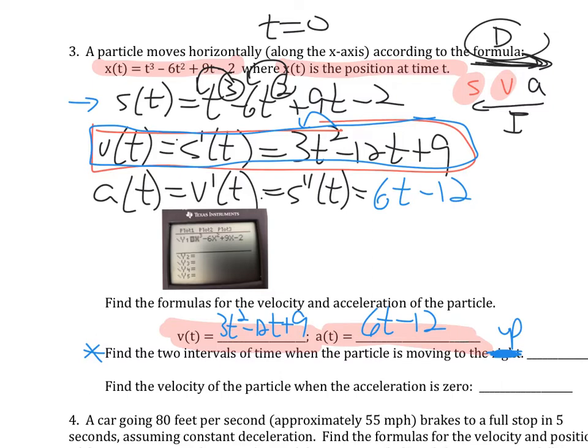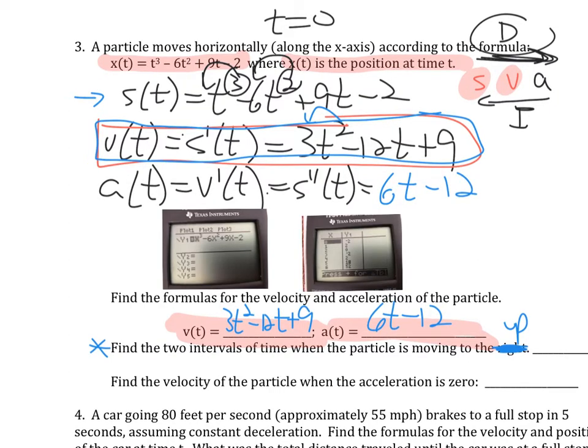Looking at the table of values, at time 0 the function is -2. At time 1, the function is +2. After 2 seconds, the function is 0 again. So we're going from -2 up to 2, and then back down to 0, and then -2.